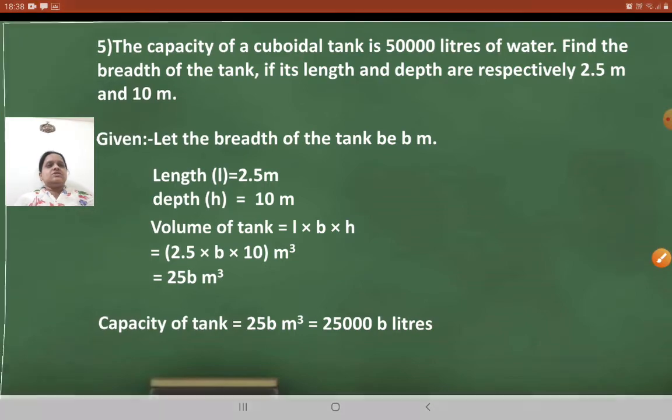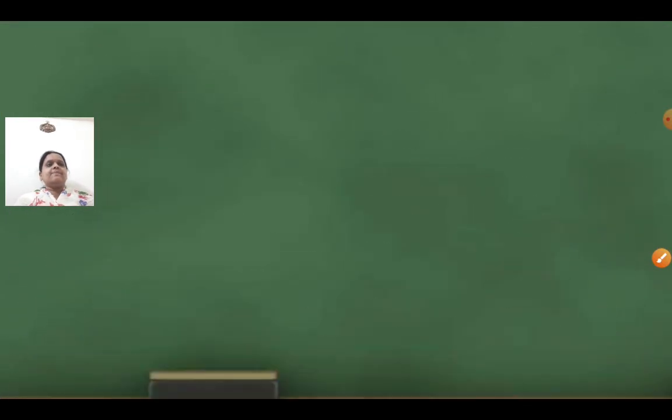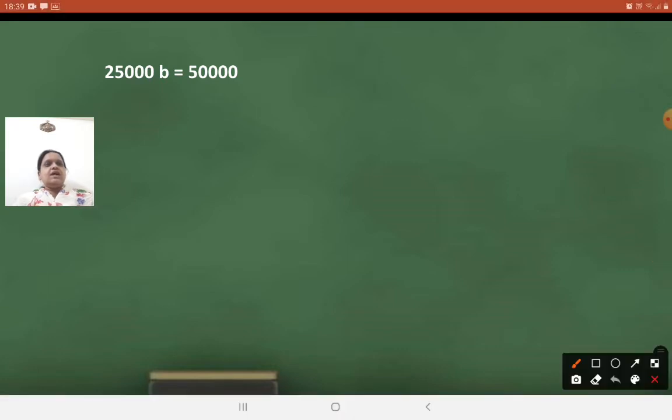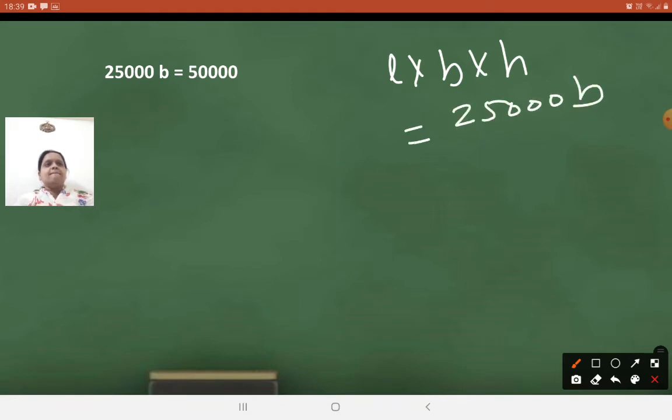So see the next step. 25,000 B equal to 50,000. According to the formula L into B into H, we got the volume as 25,000 B, but the capacity is already given as 50,000.